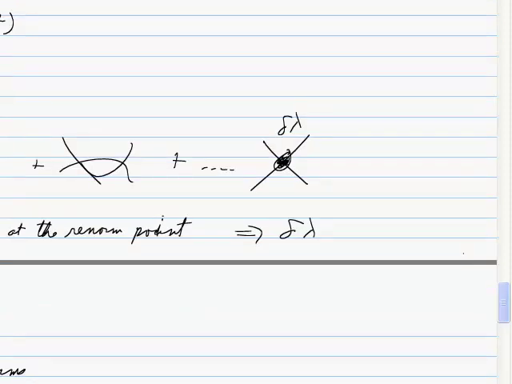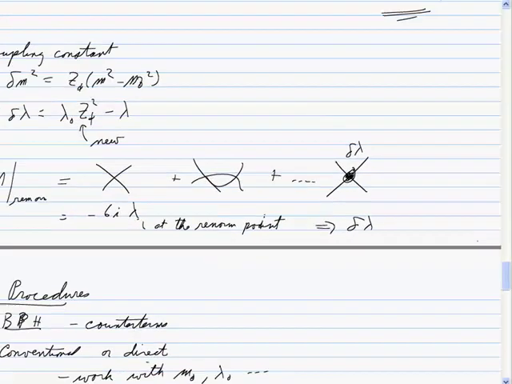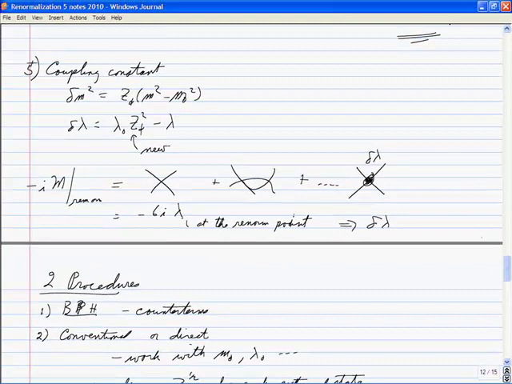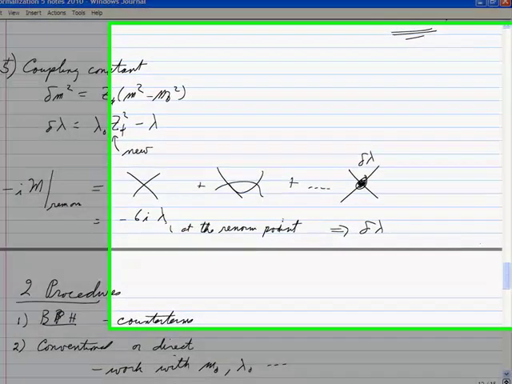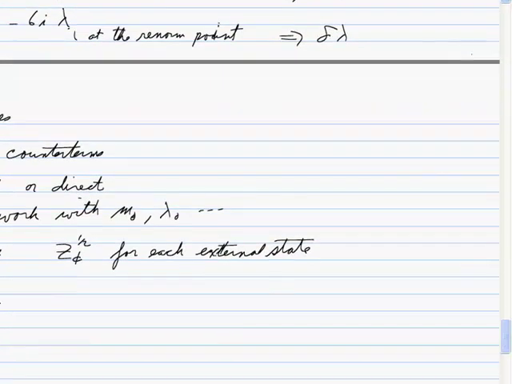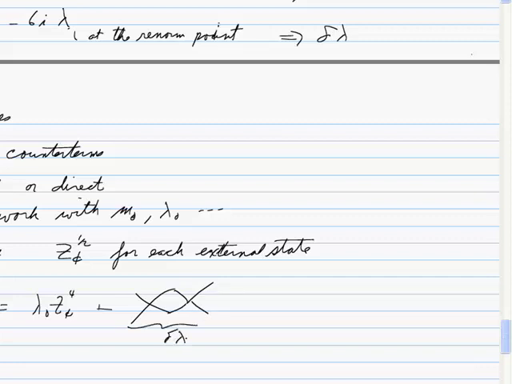You have to take your bare coupling constant, multiply it by Z phi to the 1/2 times 4, which gives me that factor there. So lambda renormalized is lambda 0 Z phi to the 4th plus some diagram stuff. I'm just drawing these diagrams roughly. This goes into what we've called delta lambda above there.